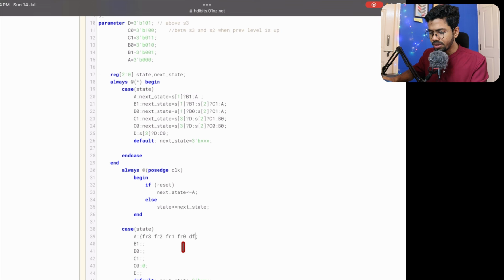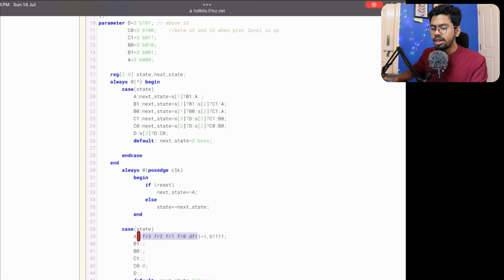This is called concatenation, I guess. So this is equal to 4'b1111. So if I'm at A, all my 4 outputs would be high.